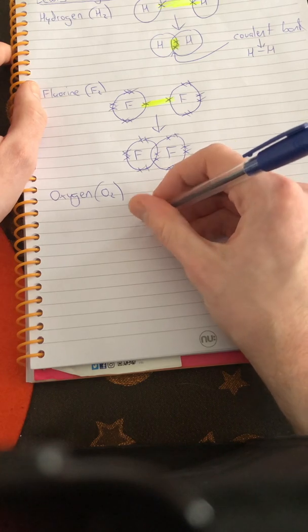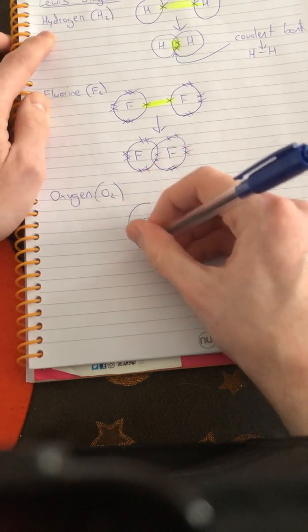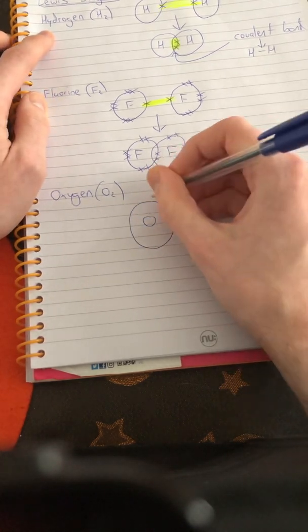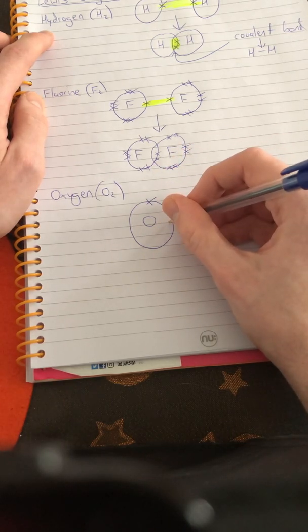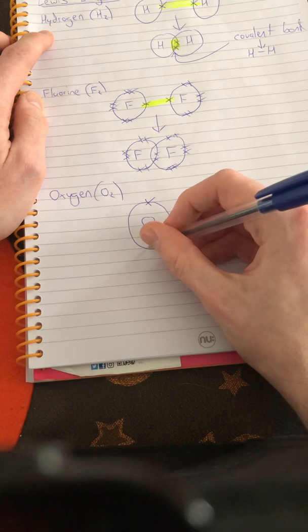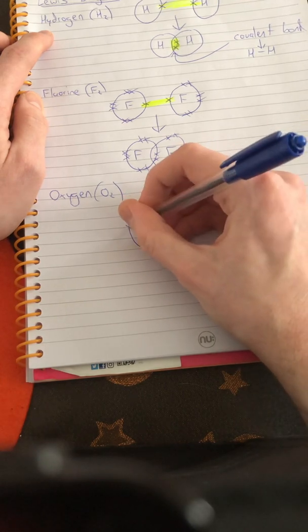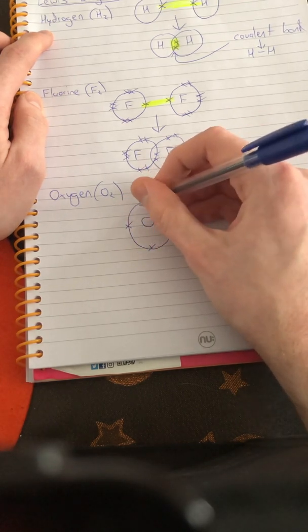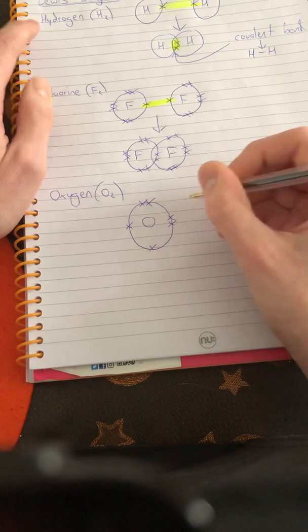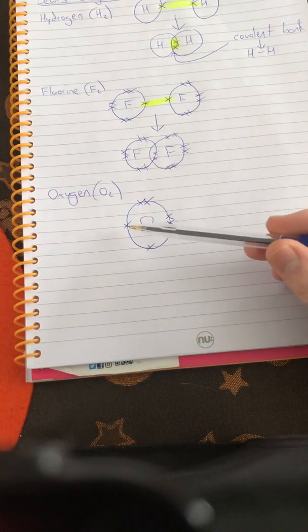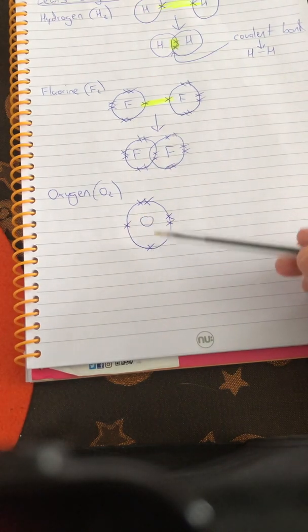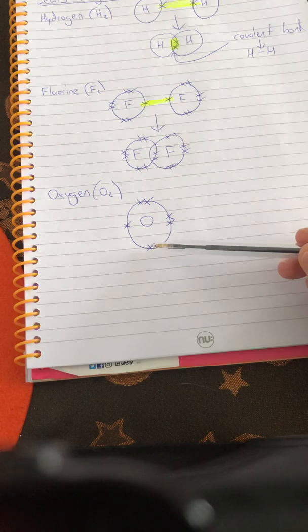So we do oxygen and we start putting in our 6 electrons: 1, 2, 3, 4, 5, 6. You'll see oxygen has 2 single electrons.